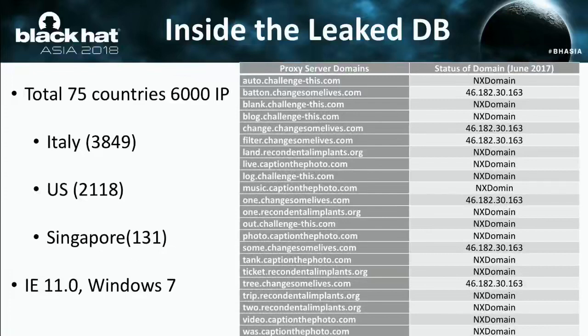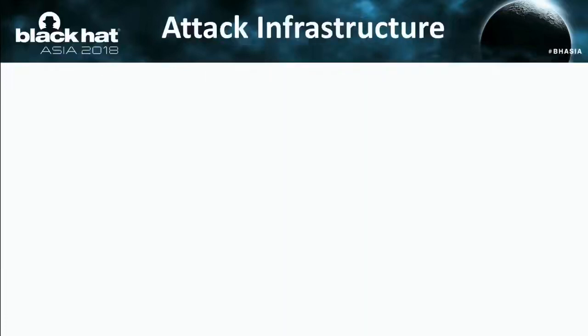We did the analysis in June 2017, last year. Some of these domains were still alive at that time and resolving to one single IP address from Russia. From now on, I will give you detailed explanations on the inner workings of RIG2 Exploit Kit, which are the actual attack insights of the actual attack infrastructure.